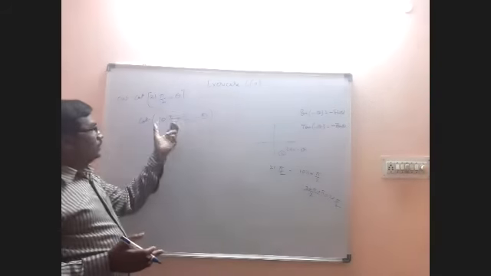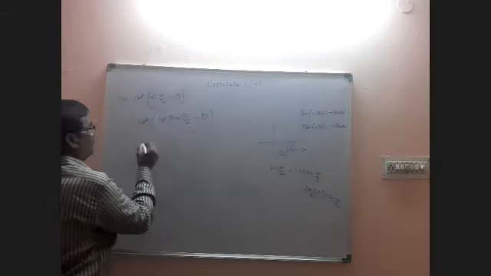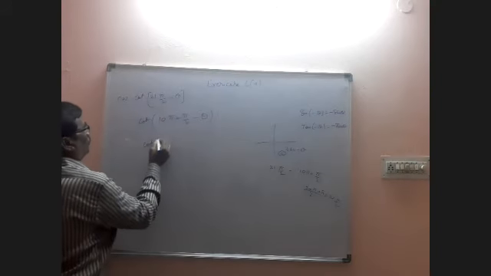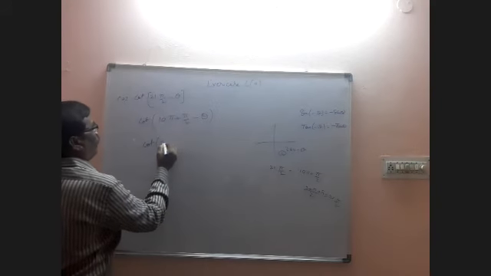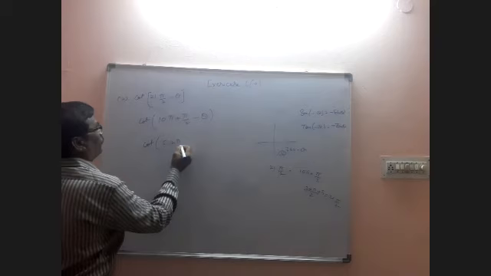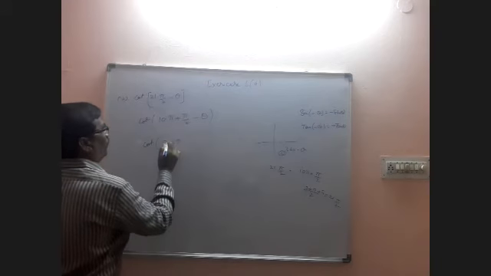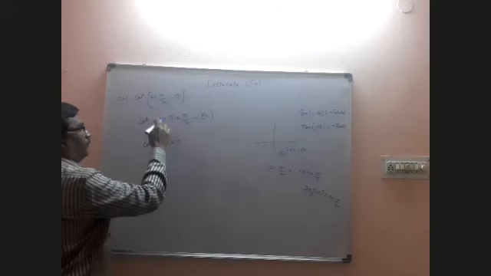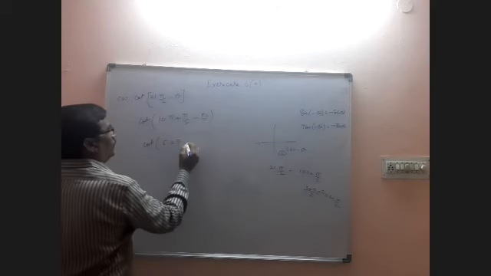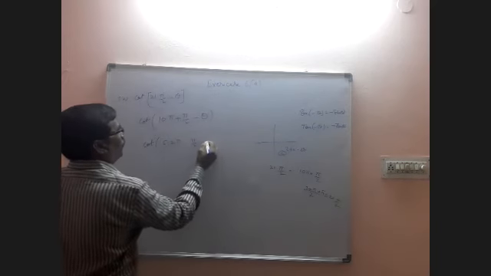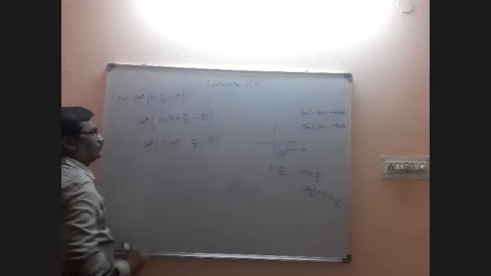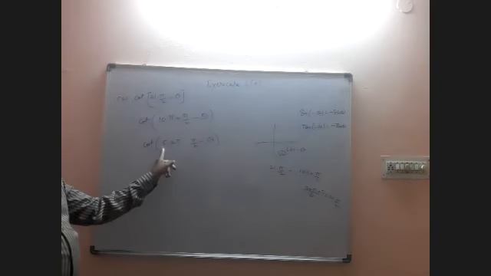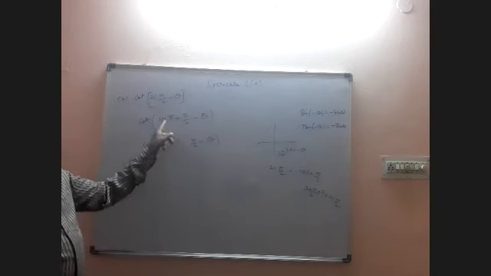This 10 pi we can write as 5 into 2 pi, so 5 into 2 pi plus pi by 2 minus theta.